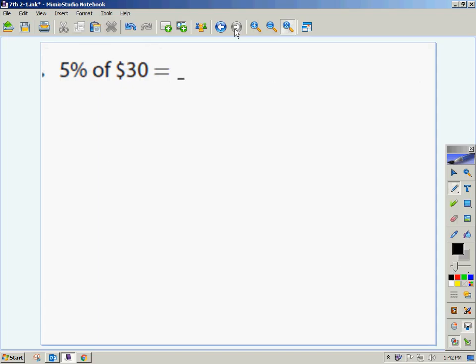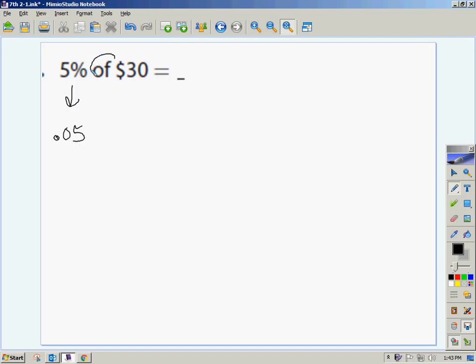This is number 1. And I didn't want anybody to get confused by the easy ones. And since they didn't work one of these out in the guided practice pieces, I wanted you to see how to do this. First off, 5% as a decimal is what? 0.05.